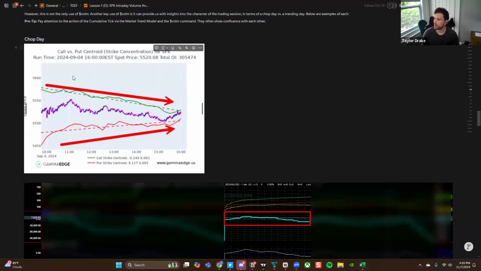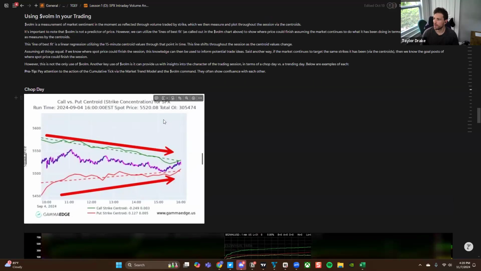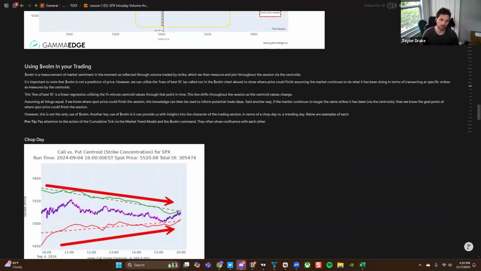I understand this is from September 4th and this is hindsight, but if you're in the Discord you can go back and look at what these were showing, and see what the lines of best fit were doing throughout the day. It was not suggesting any call speculation higher for the most part. So to your point, Ray, they are really powerful when you get that confluence intraday between the two of them.